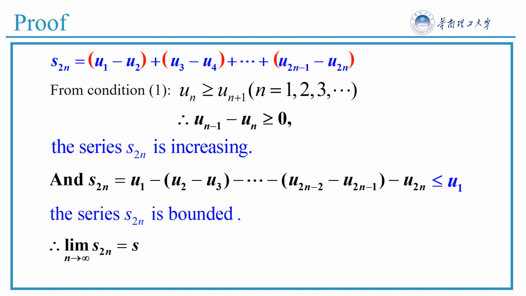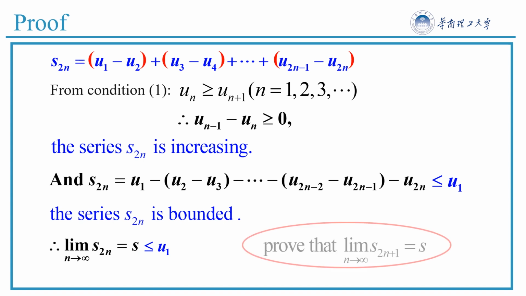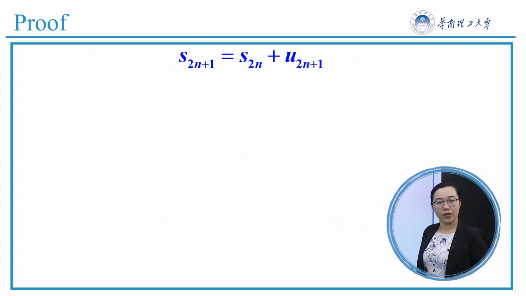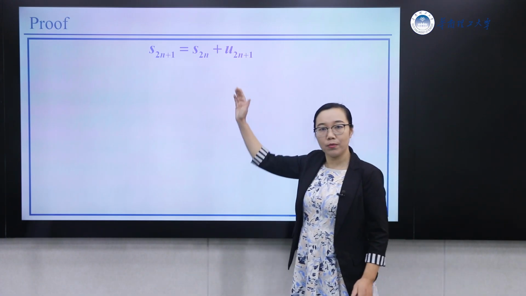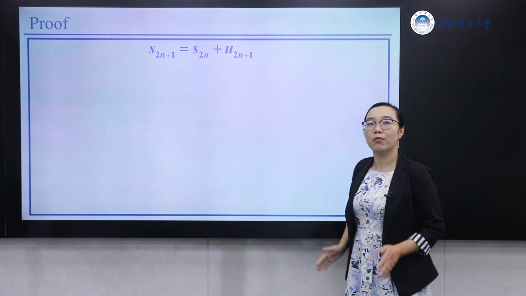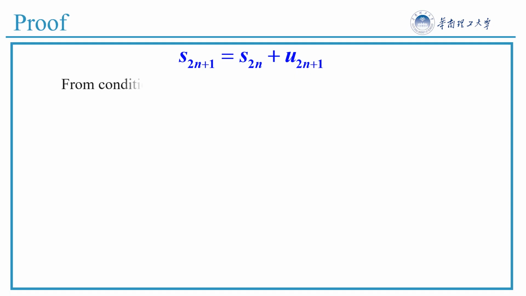So the limit of S2n equals S, which is less than or equal to U1. Similarly, we can prove that the limit of S2n plus 1 equals S. It is obvious that S2n plus 1 equals S2n plus U2n plus 1.